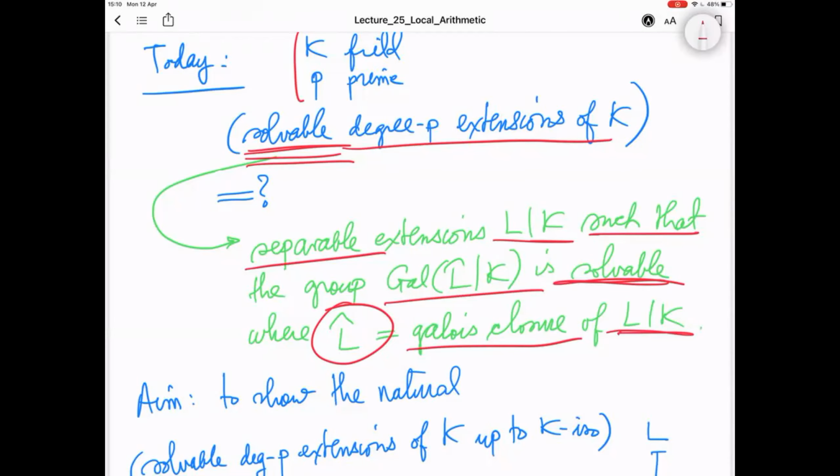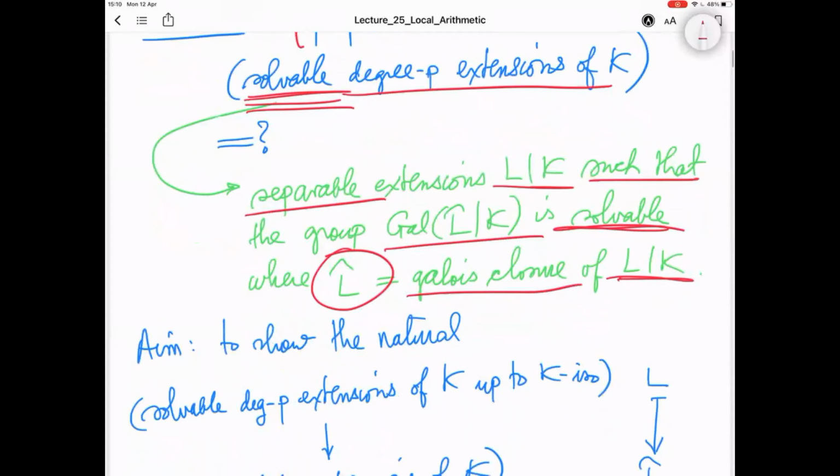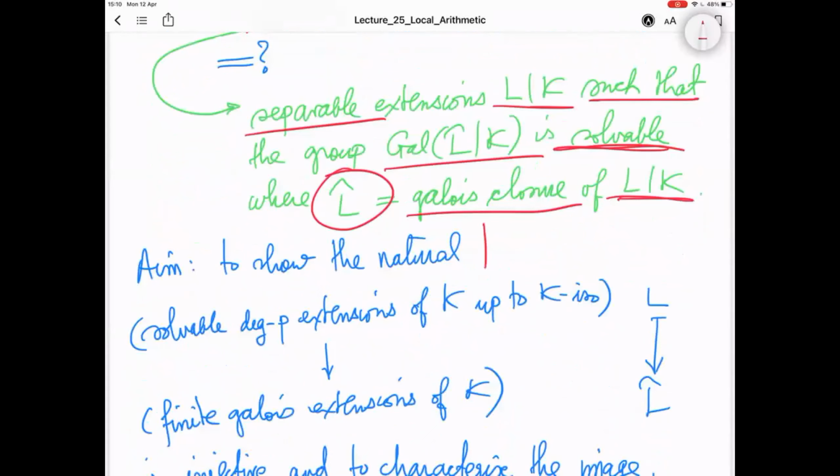So, an easy example. All separable cubic extensions are solvable in this sense. Of course, they need not be cyclic. They need not even be Galois.